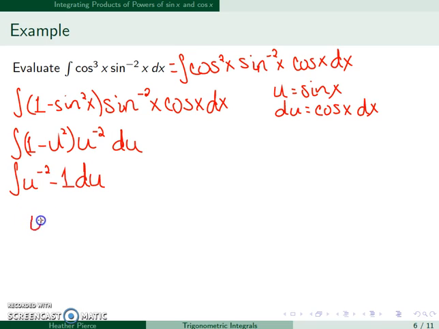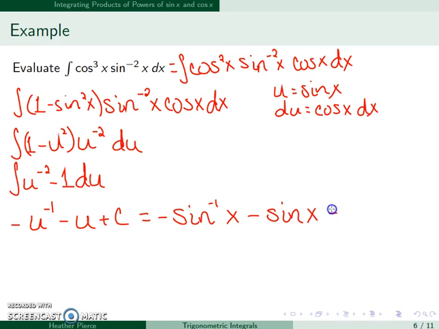So I'll add 1 to the exponent and then divide by that number, and the integral of 1 is just u. So substituting back in, I get negative sine to the negative 1 x minus sine x plus c.